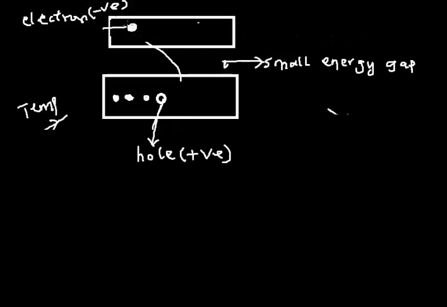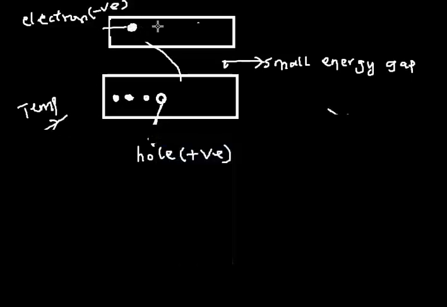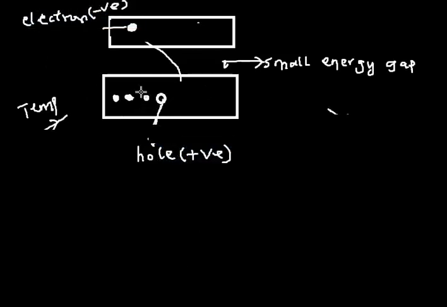But apart from the movement of the electron, there's another current that will be generated, and that is the current due to the hole. As the electron is moving, the hole is also moving. Let's see how that happens. As I have this vacant hole here, an adjacent electron in the same valence band will move to cover up that vacant hole.